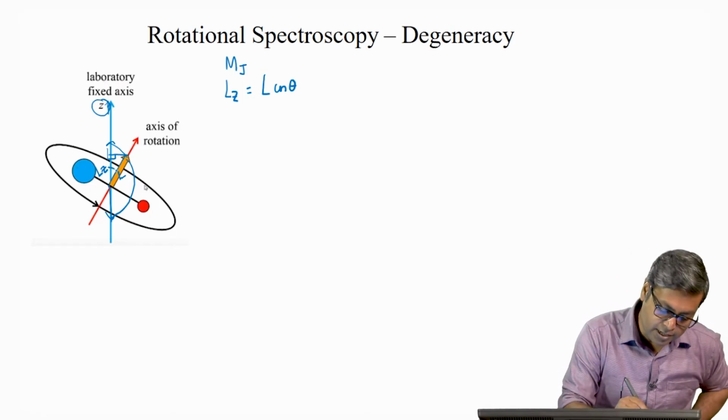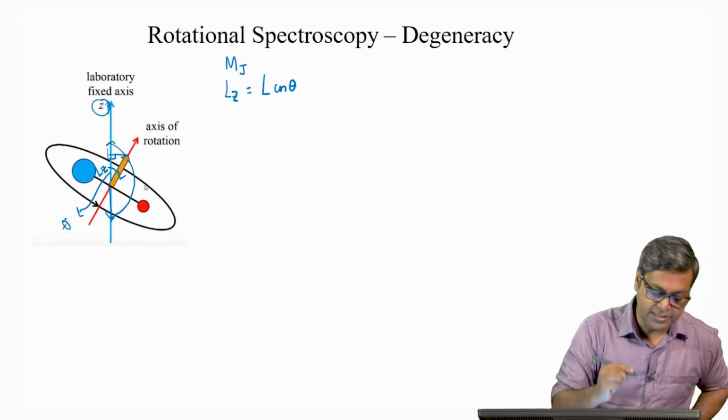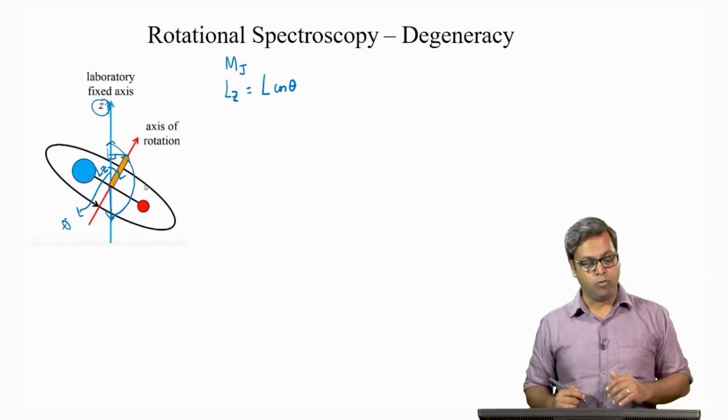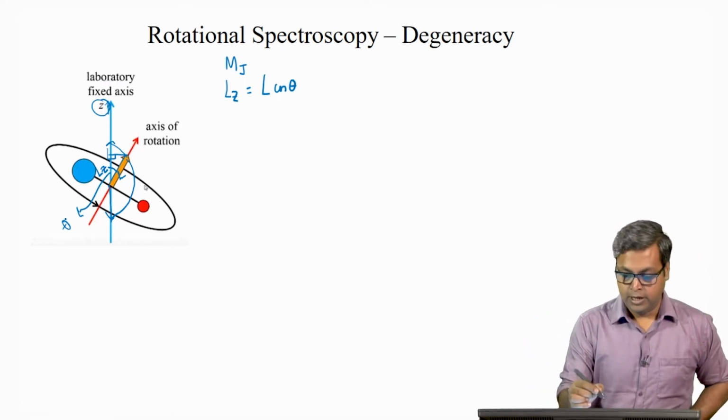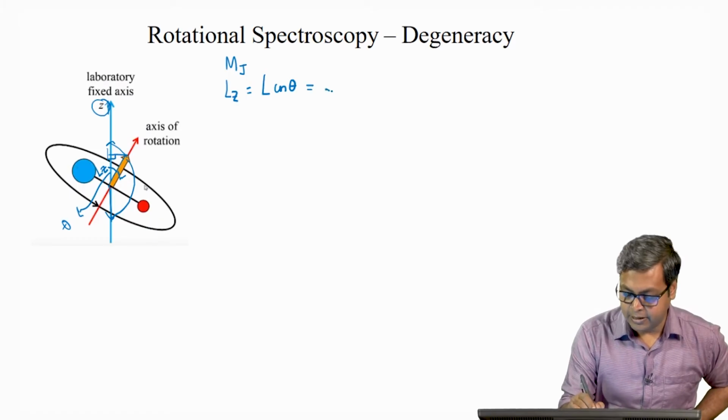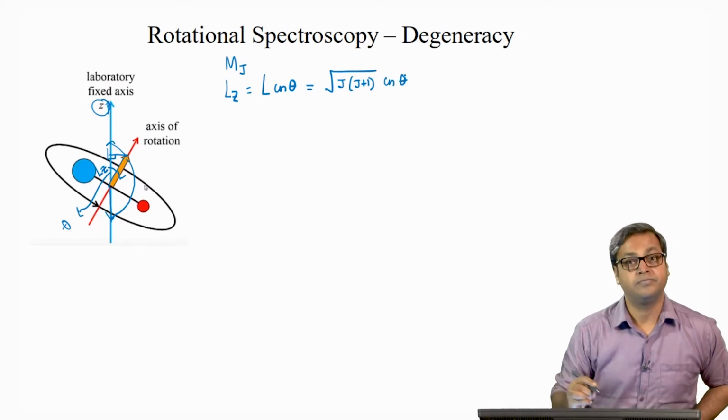where theta is the angle formed by the z axis and the angular momentum vector, and we can write this as root over j times (j plus 1) cos theta.